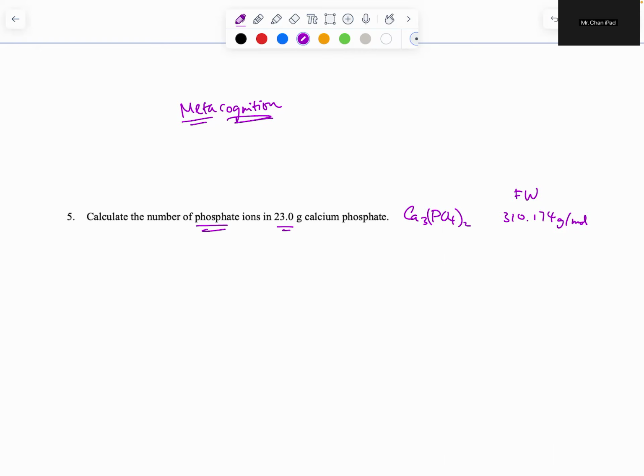First, you find out the number of people, and then you're like, oh, one person got 10 fingers. And then you do the ratio again. So when we say, oh, how many phosphate right here? We say, well, there are 2 phosphate ions per compound, right? So we're going to use that ratio in just a moment, but we don't use it now because we are given the mass, not quantity.